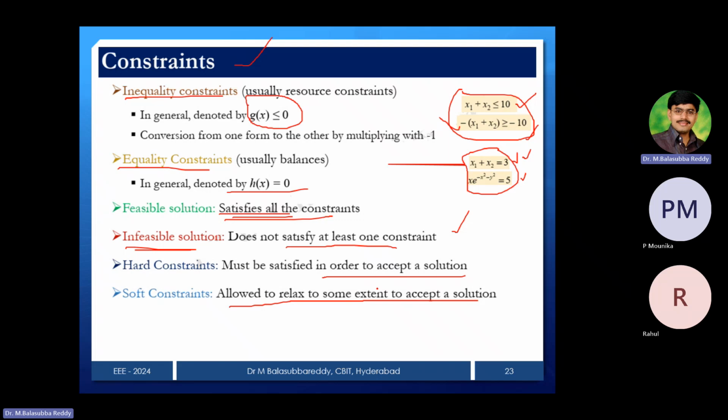So you can say generation minus demand is less than or equal to some epsilon, maybe 0.1 or 0.2. If you make it that, we call it a soft constraint, and we can accept it to some extent. Whereas a hard constraint is a direct solution process: the generation must be equal to demand.